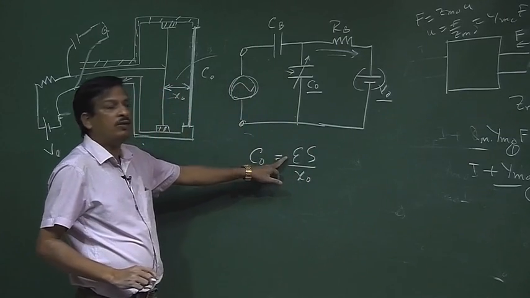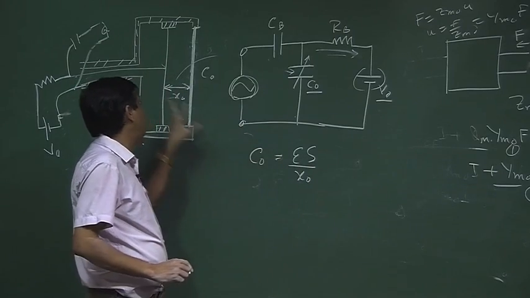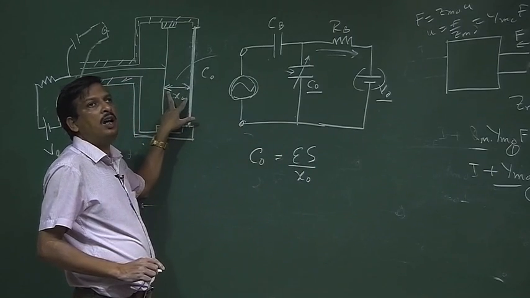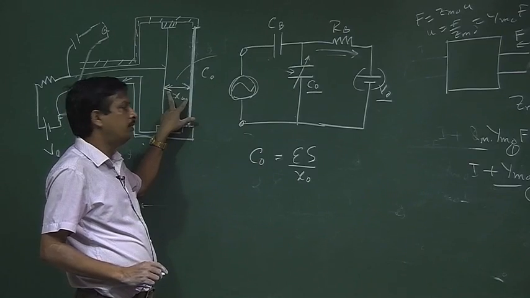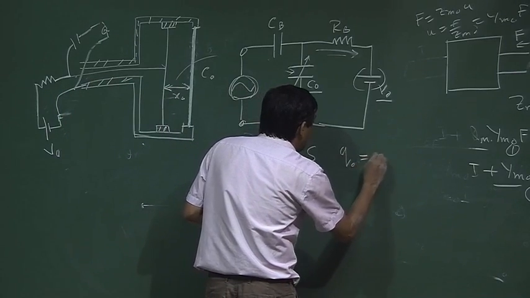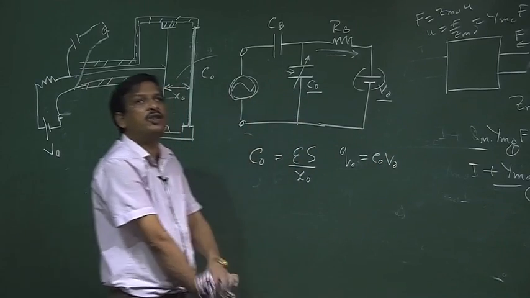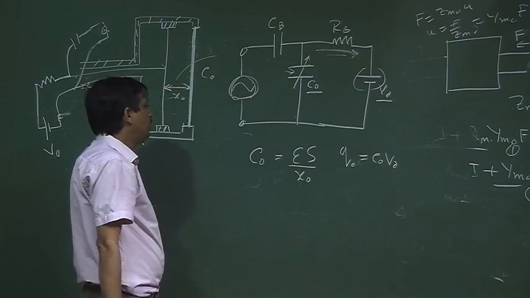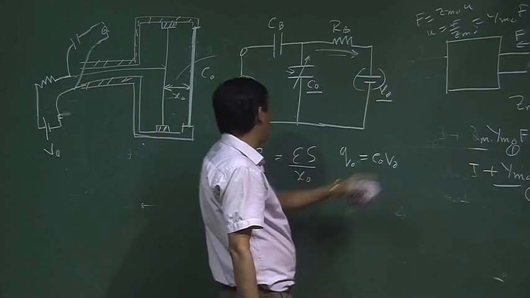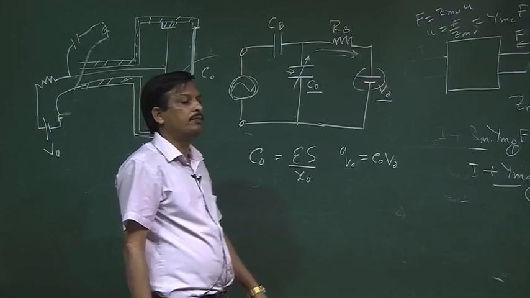Epsilon is the dielectric constant, S is the surface area of the plate, and X0 is the distance between the two plates; that is the capacitance. And the charge on the capacitor Q0 is nothing but C0 times the voltage V0. So, Q0 is equal to C0 times V0, and C0 is equal to epsilon S divided by X0.